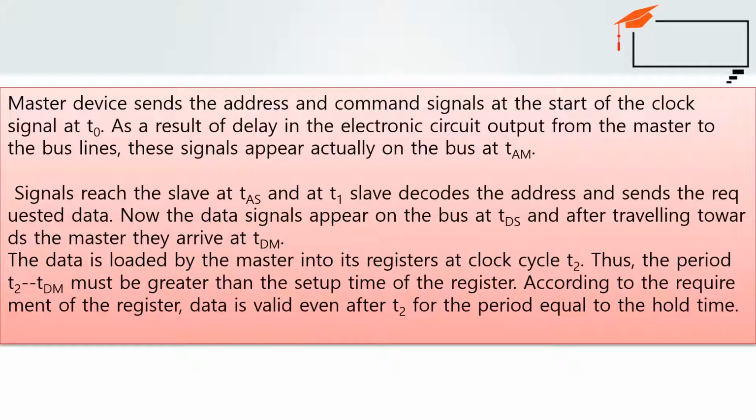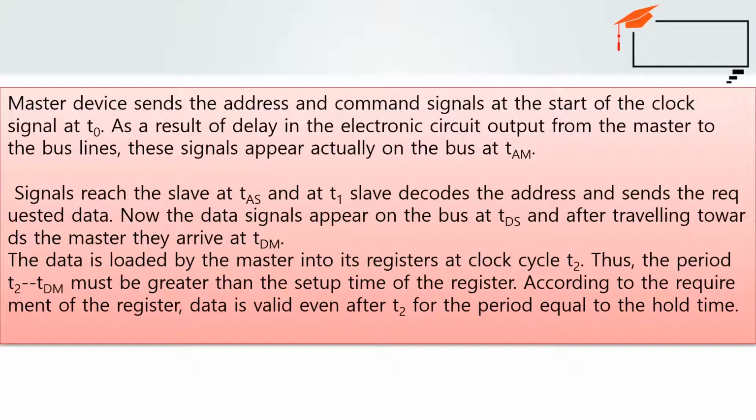Slave decodes the address and sends the requested data. Now the data signals appear on the bus at TDS, and after traveling towards the master, they arrive at TDM. The data is loaded by the master into its registers at clock cycle T2.